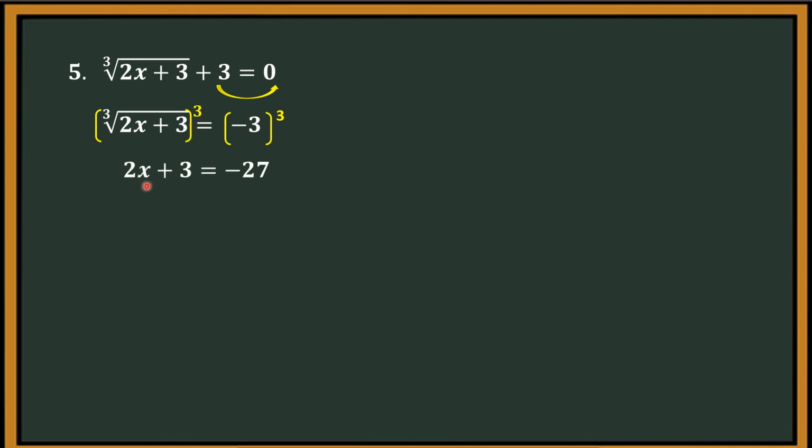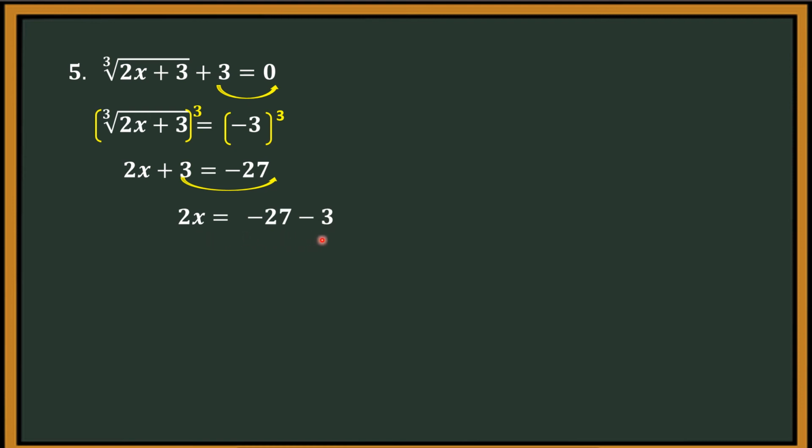So we will have now 2x plus 3, and then on the right side, negative 3 cubed is negative 27. Because negative 3 times negative 3 times negative 3 is equal to negative 27. Then, transpose positive 3 to the right side, so it will become negative 3. So we will have now 2x is equal to negative 27 minus 3.